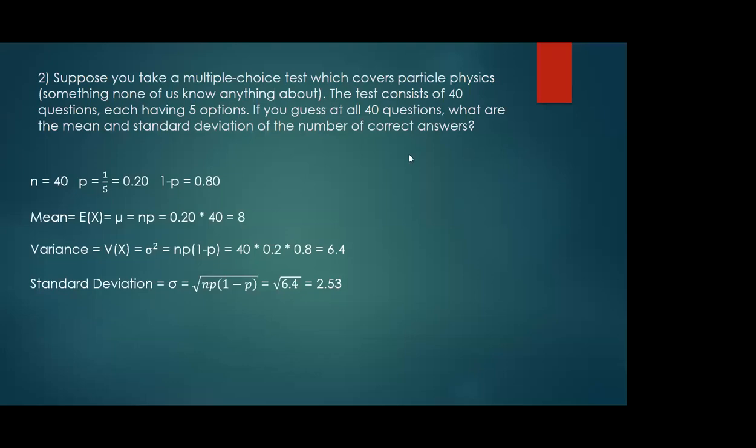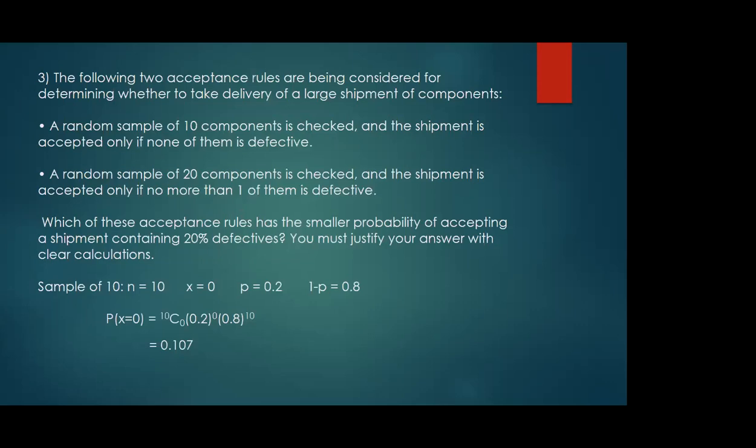So guys, let's move on to question 3. Question 3 says that the following 2 acceptance rules are being considered for determining whether to take delivery of a large shipment of components. The first one is that a random sample of 10 components is checked and the shipment is accepted only if none of them is defective.